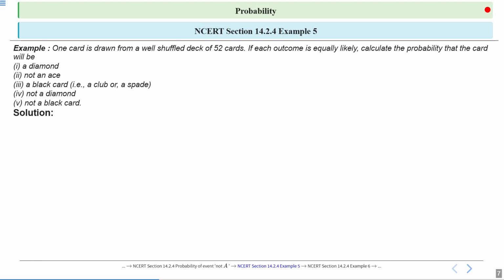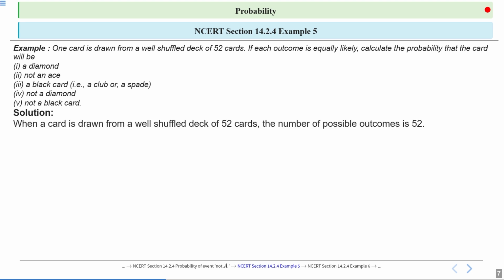So see, when a card is drawn from a well shuffled deck of 52 cards, what is the number of possible outcomes? There are 52 cards, so there are 52 possibilities.